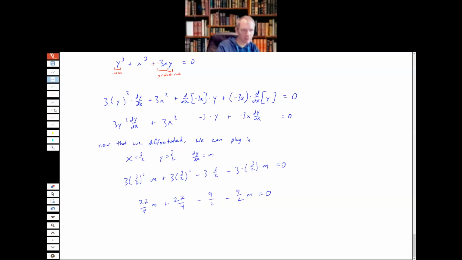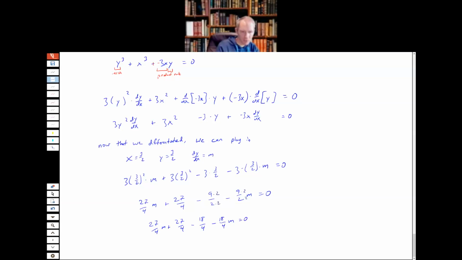Let's just make everything have the same denominator. So multiply by 2/2. Okay. So 27/4 m plus 27/4 minus 18/4 minus 18/4 m equals 0.